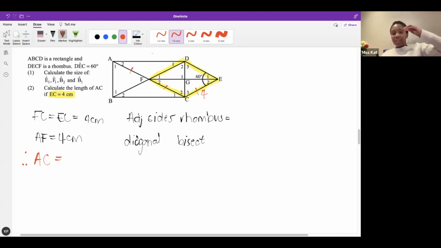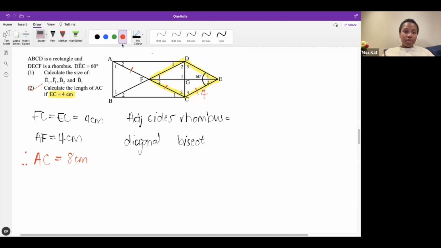And those are my reasons, basically. So if this is equal to 4, and if that is equal to 4, therefore AC has to be equal to 8 centimeters. Okay, there we go. So we've done number 2. We're done.